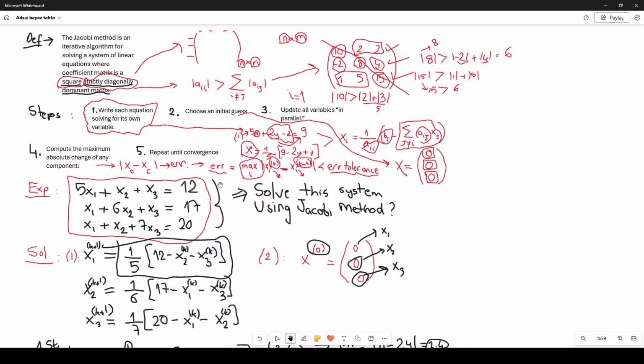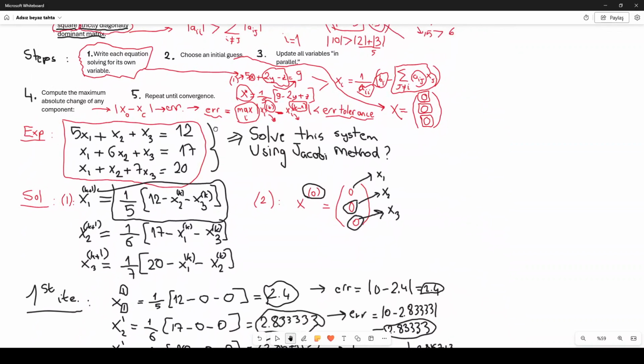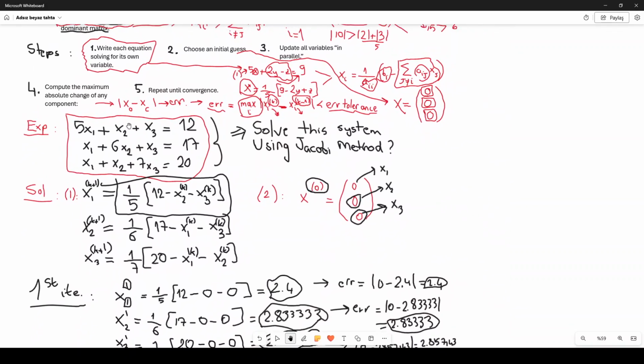And the steps we should take in order to apply this technique are that we rewrite each equation in a way that in each equation we isolate one of the unknown variables and then move the other coefficients and variables to the right hand side of the equality to produce an iteration equation, right?